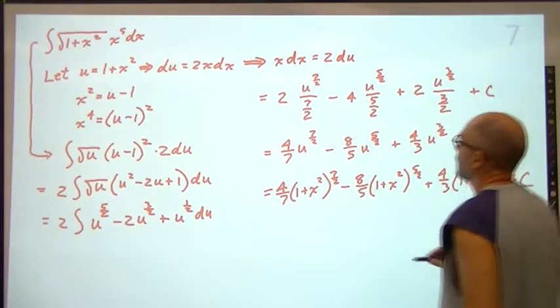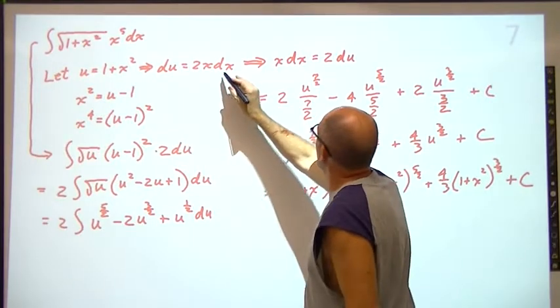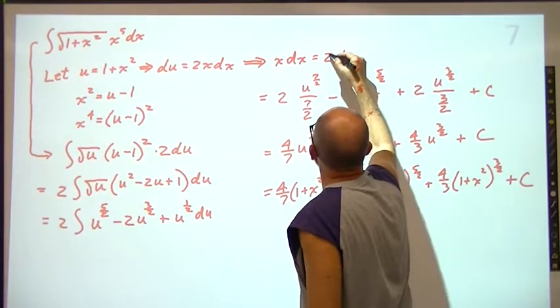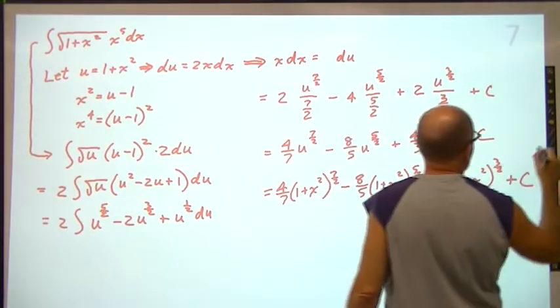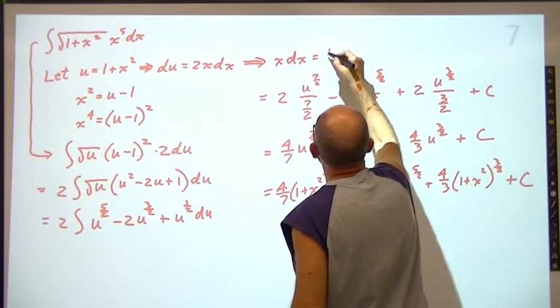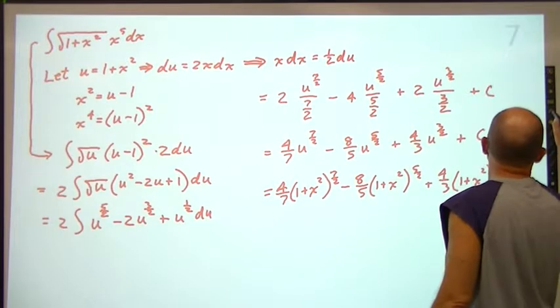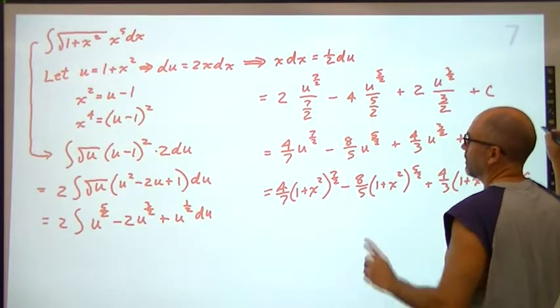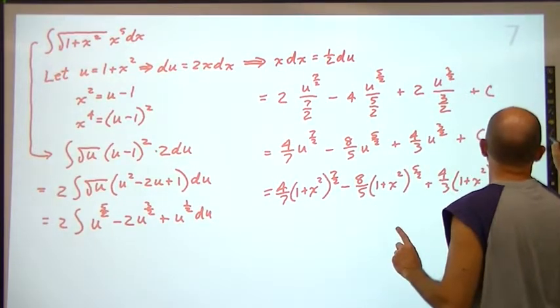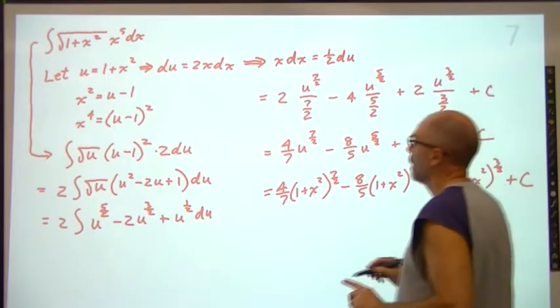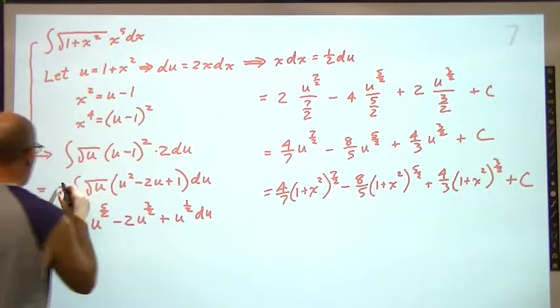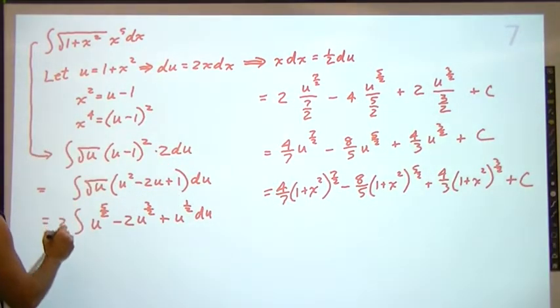Notice, if du is 2x dx, then x dx is 1/2 du. I just knew something felt wrong. So that means there is a 1/2 outside here.